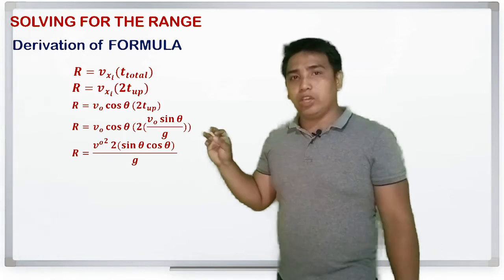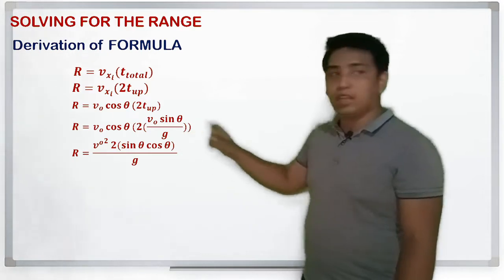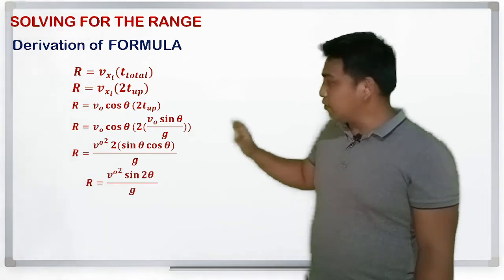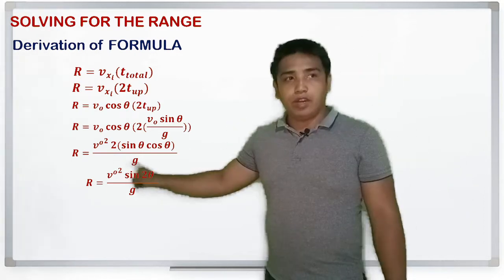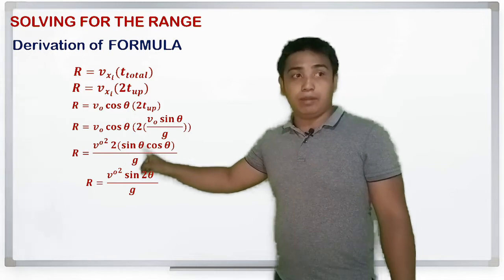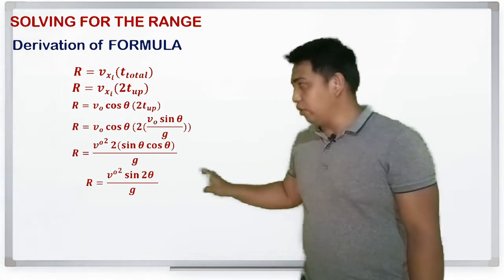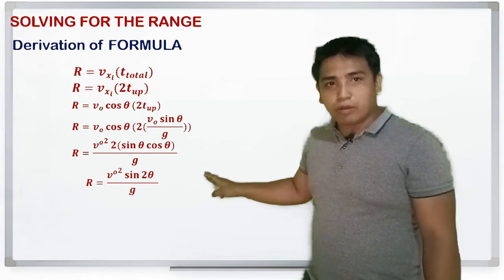We are going to study trigonometry to prove that 2 sine theta cos theta is equivalent to sine 2 theta. So this formula can be written as r is equivalent to v0 squared, or the initial velocity squared, times sine 2 theta all over g. And this formula is for finding the range of our projectile.